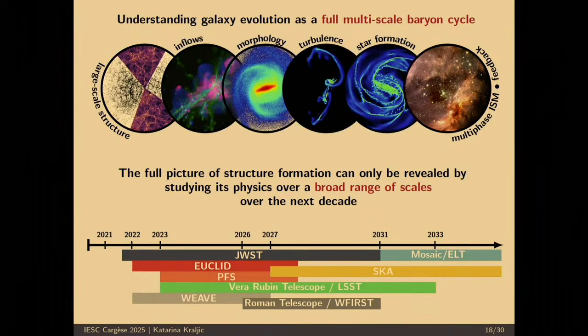And here are a few sort of surveys that started already to be available and will be available later on. One of the exciting ones is MOSAIC on ELT. But also SKA, and all these will help us to get a much better understanding of how not only galaxies but structure as such formed.